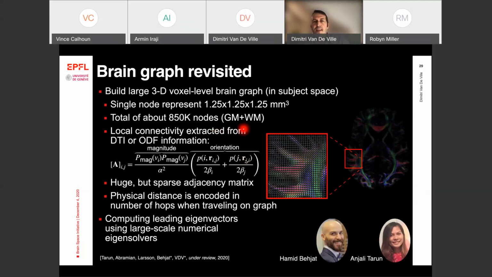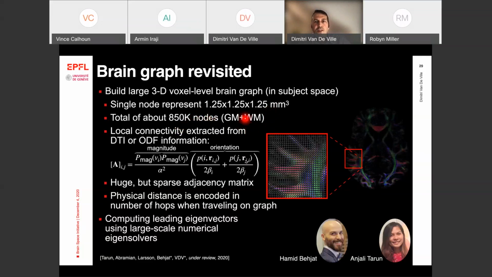This time not using nodes as brain regions that have typically several hundred to several thousands of voxels, but considering as a node of the graph each and every voxel, not only in the gray matter, but also in the white matter. And if you do that at the typical resolution of the diffusion-weighted MRI, like from the HCP, that leads to almost 1 million nodes in total.